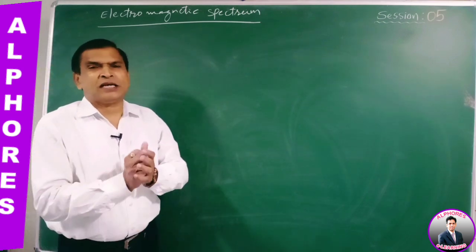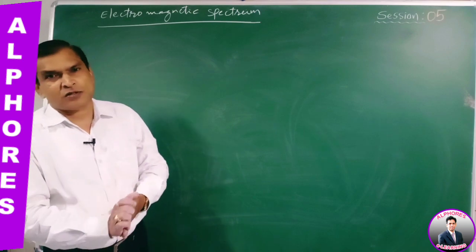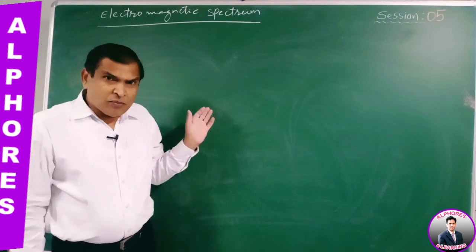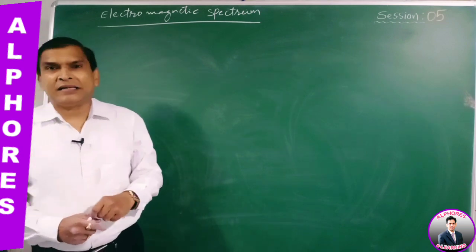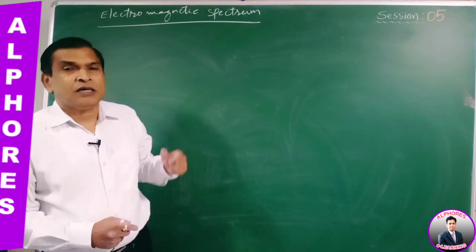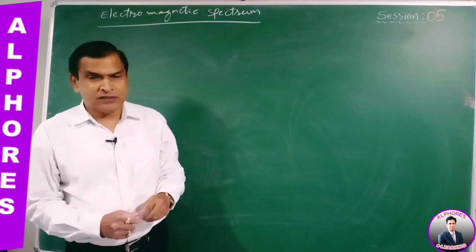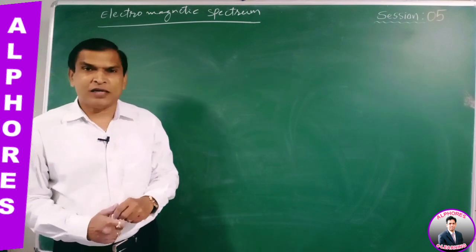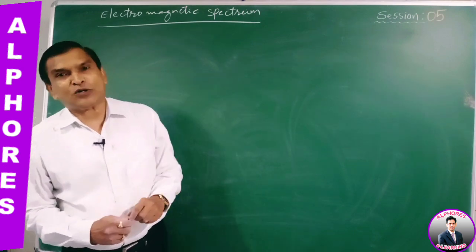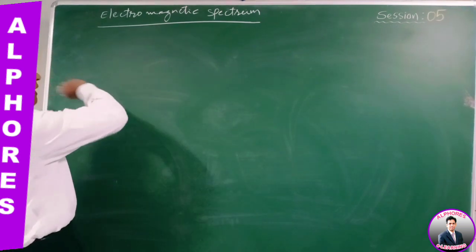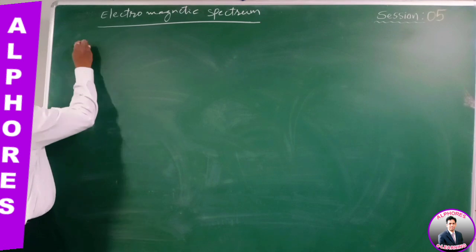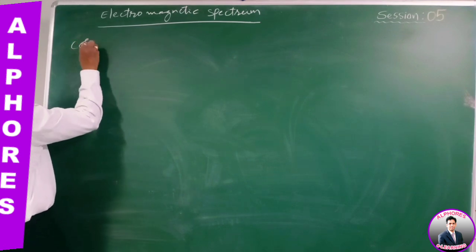We have various electromagnetic radiations. The systematic arrangement of the electromagnetic radiations in the increasing order of their wavelength or decreasing order of their frequency is known as the electromagnetic spectrum. Okay, so what are the electromagnetic radiations we have?